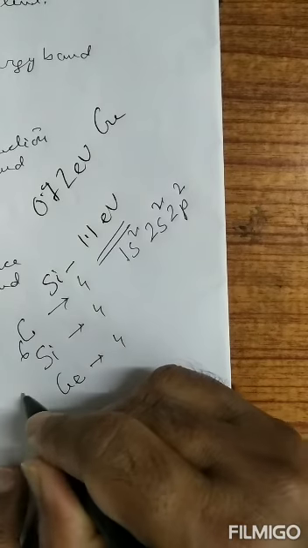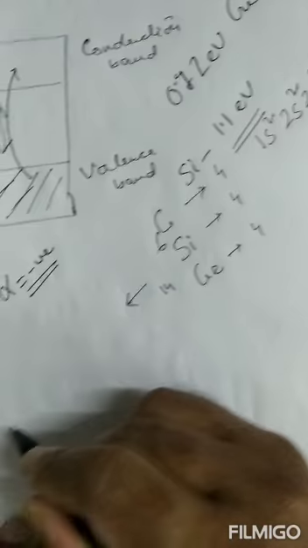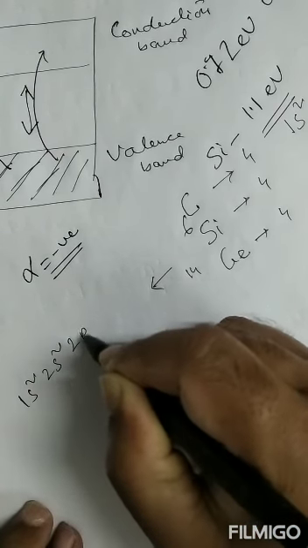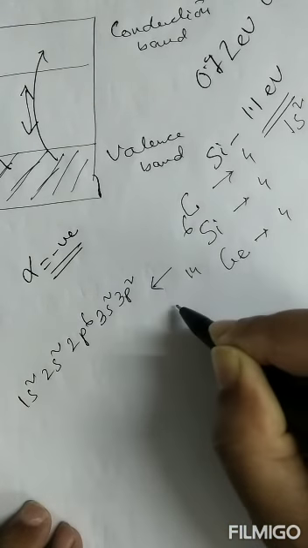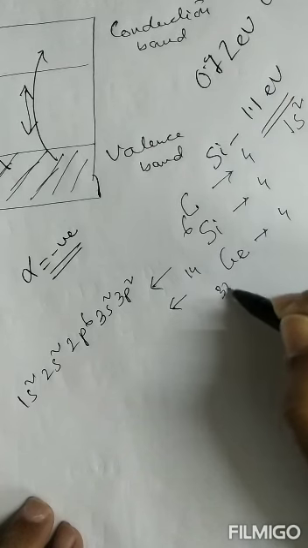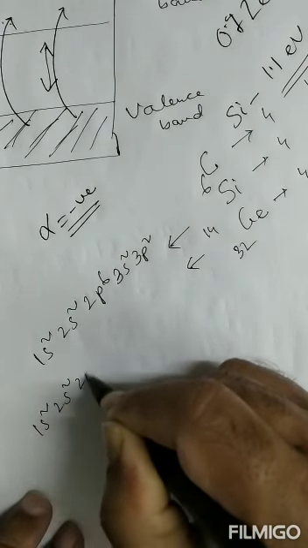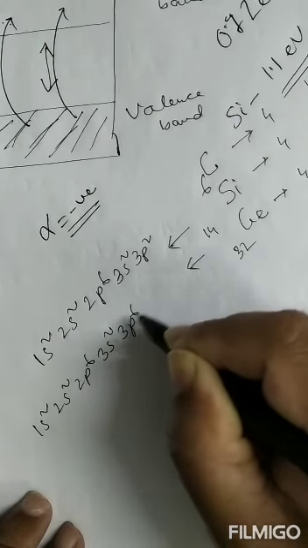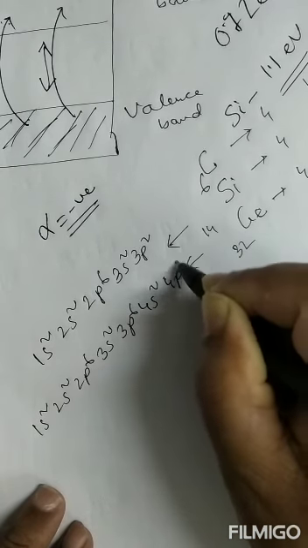What is silicon? The atomic number of silicon is 14. So therefore it is 1s2, 2s2, 2p6, 3s2, 3p2. What is it for germanium? The atomic number of germanium is 32. So it is 1s2, 2s2, 2p6, 3s2, 3p6, 4s2, 4p2.